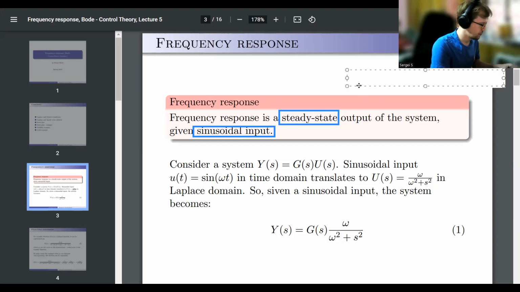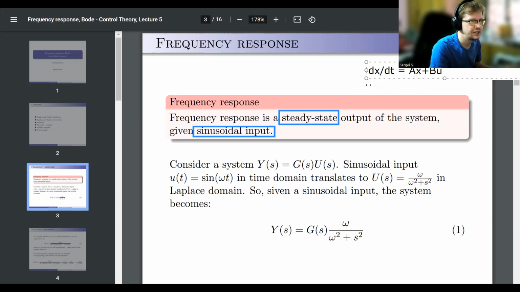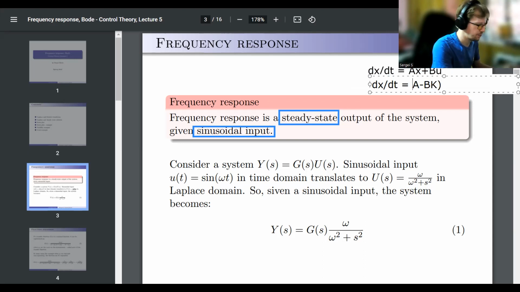Okay. So we were saying dx/dt is equal to Ax plus Bu. That is difficult to analyze. So instead of analyzing that, we would analyze something equivalent, a closed loop system of this type: dx/dt equals (A minus BK)x.